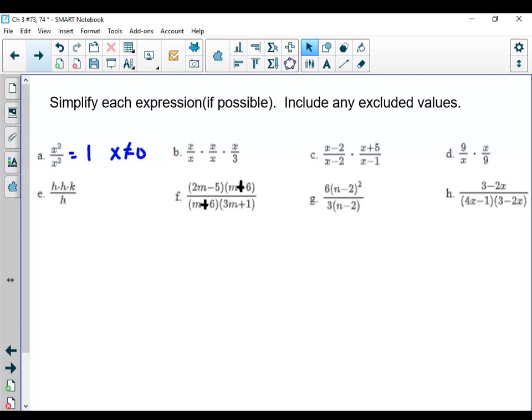Now, here's my follow-up: were there any excluded values? The answer is x is not equal to 0. If I just give you that final answer, x over 3, is there any problem with it? Can you simplify by 3? No, that would be okay.